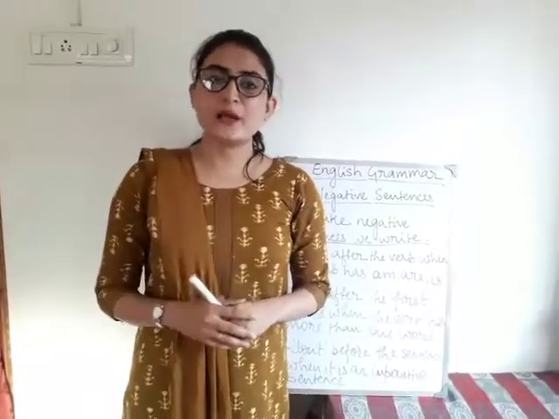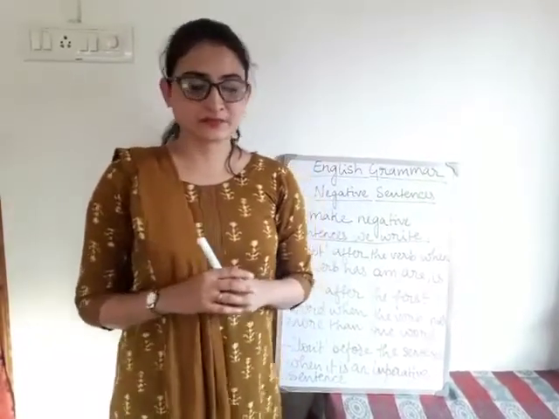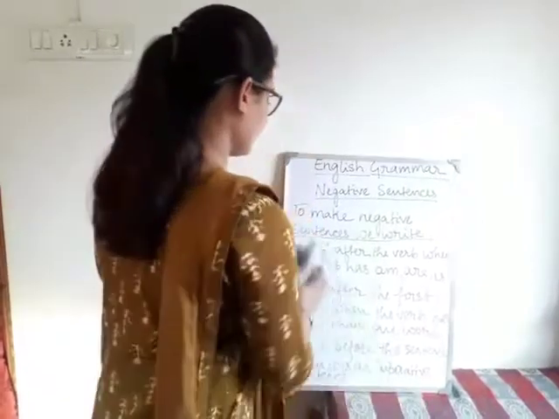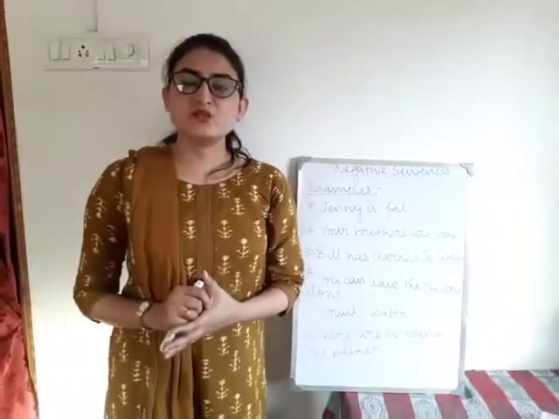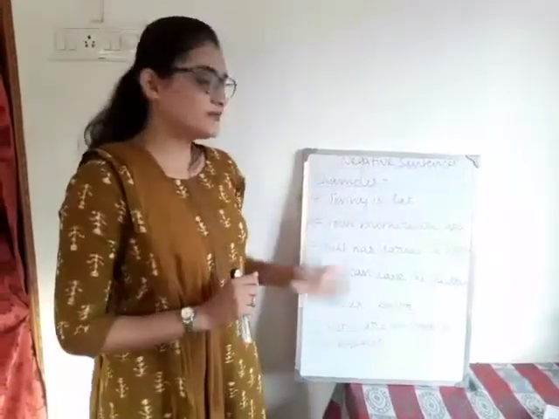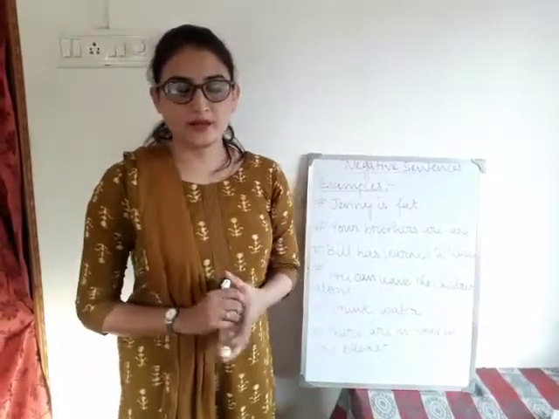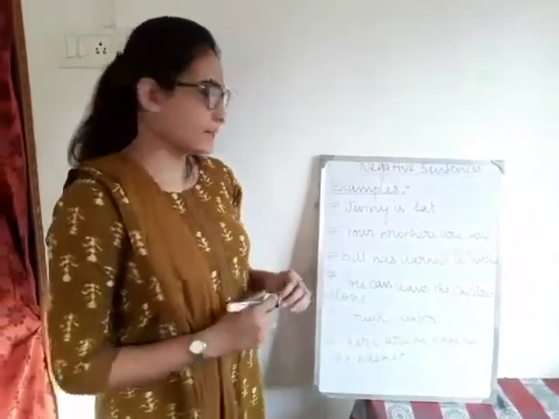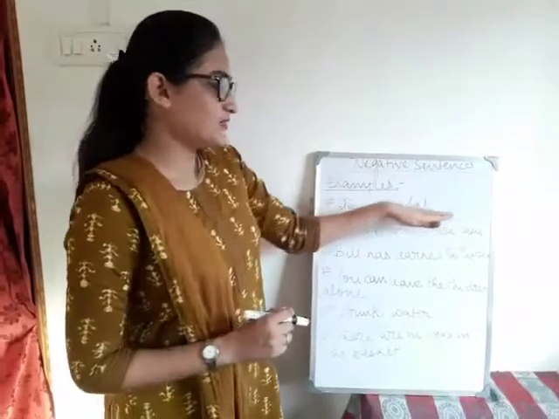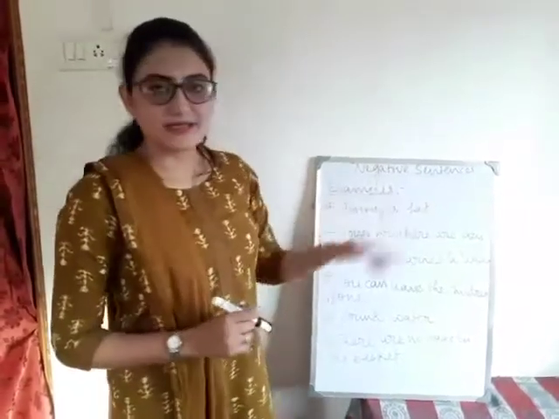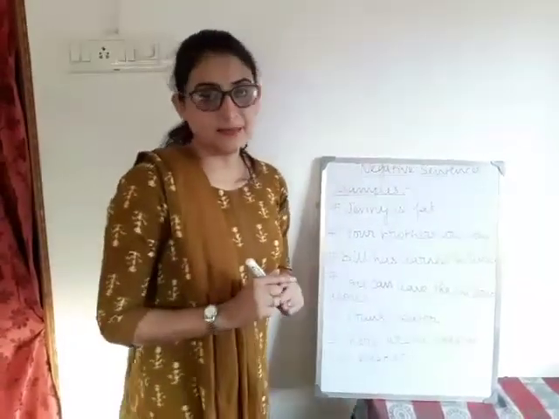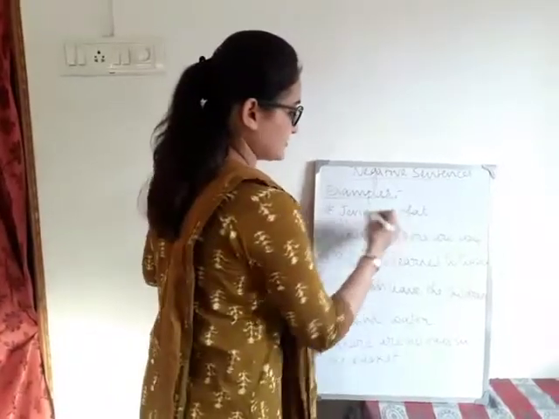Now let us see the examples one by one. Keeping the rules in mind, we will solve these examples. Let us see the first example. Jenny is fat. In this sentence we have one helping verb, that is, is.